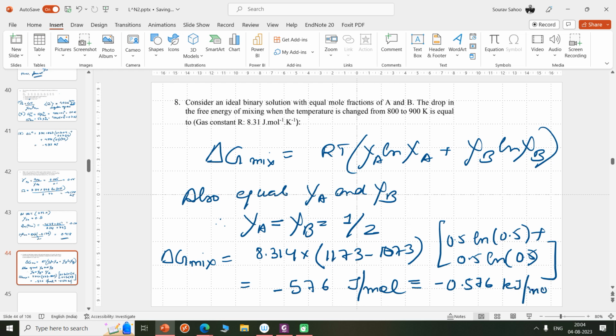So this is considered ideal, because we don't really have this omega term since it's an ideal solution, and this is our change in free energy of mixing.